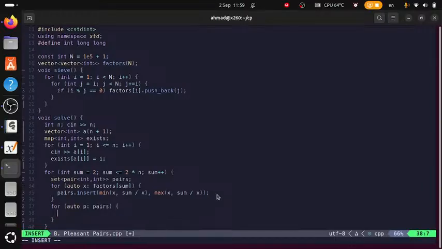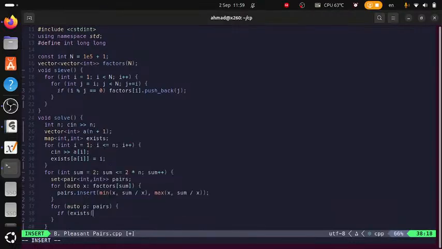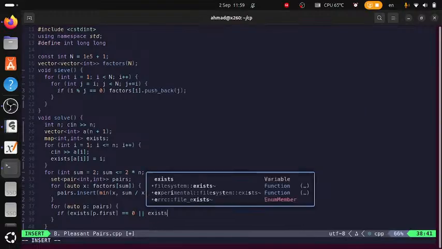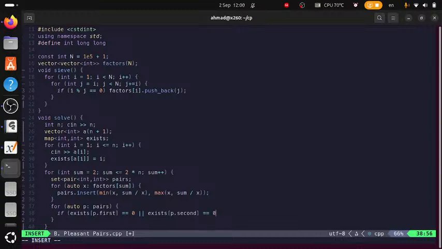We say that if exists at p dot first plus exists at p dot second, and what else?